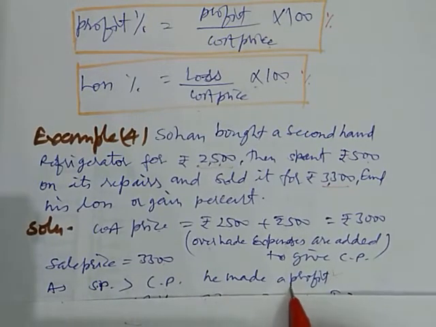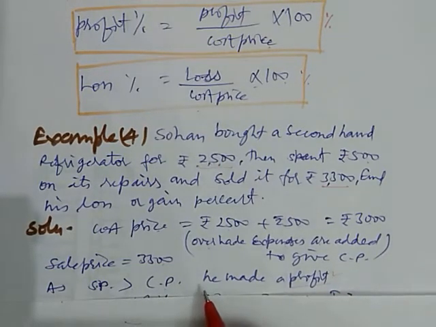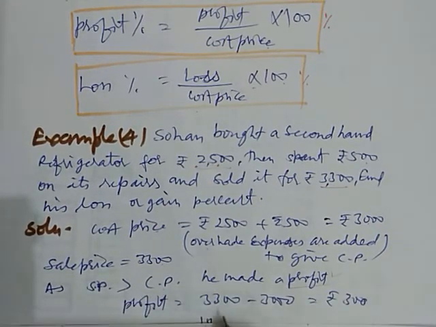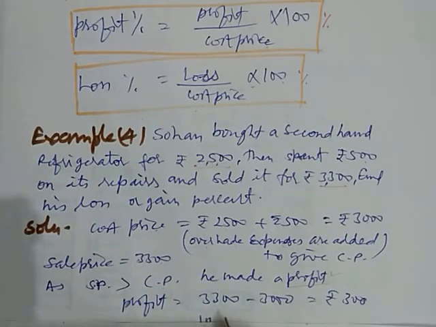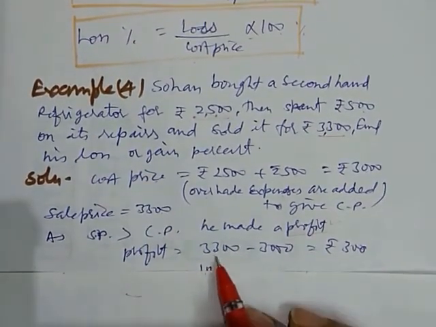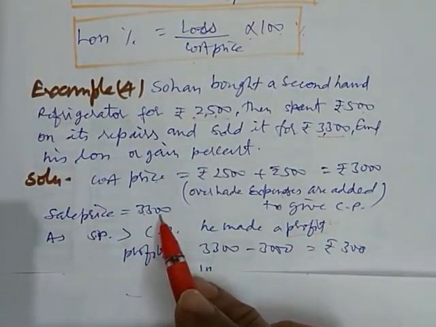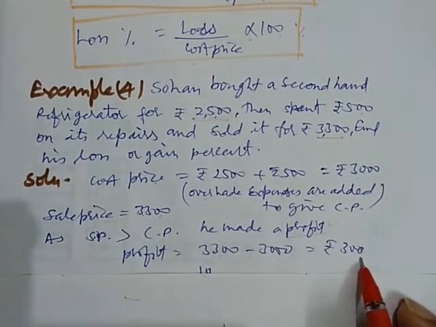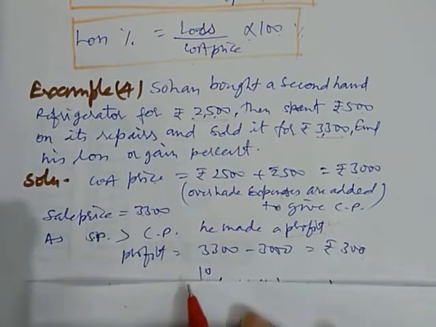This is how we find the profit. By taking the difference of 3300 and 3000, we get rupees 300. This is the profit.